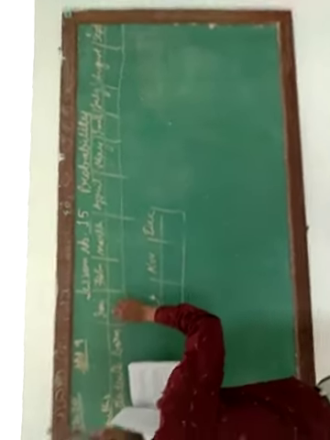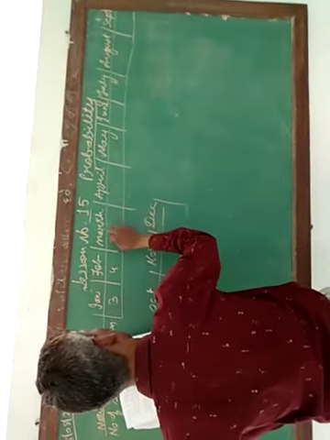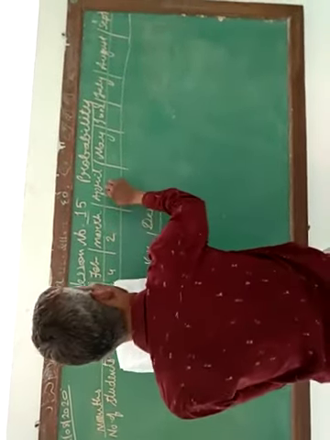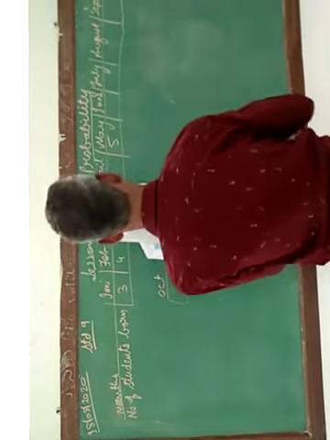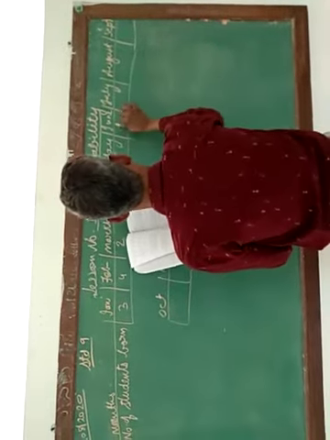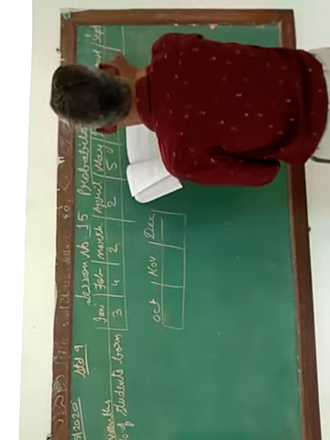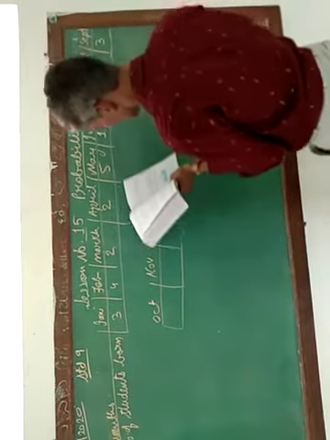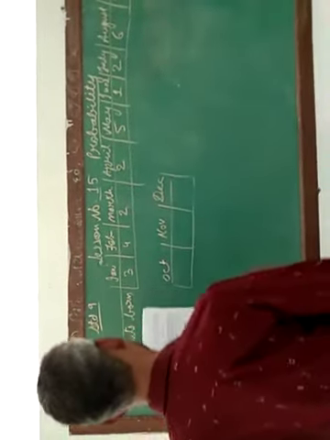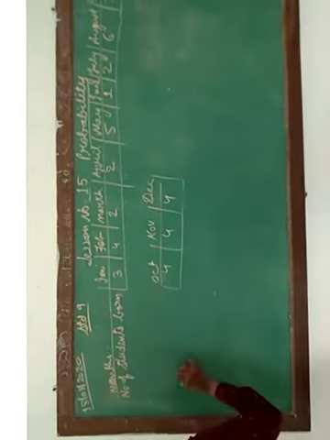I am writing 3, 4, 2, 2, 5, 1, 2, 6, then 3 in September, October 4 and 4.